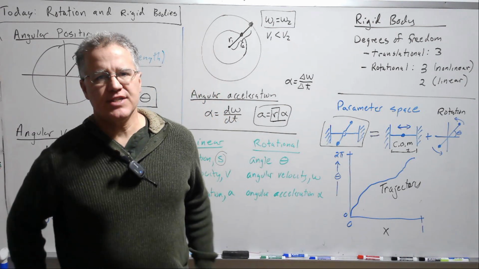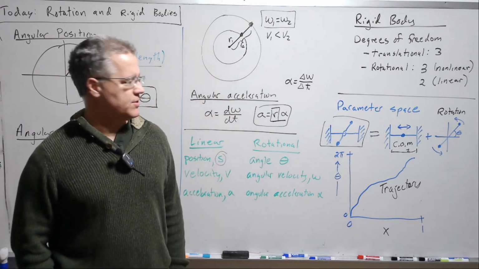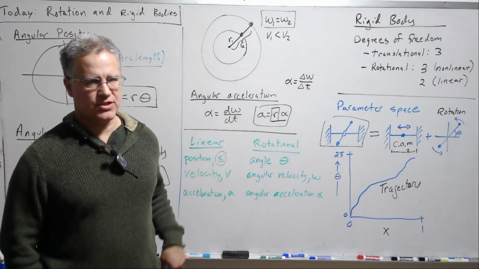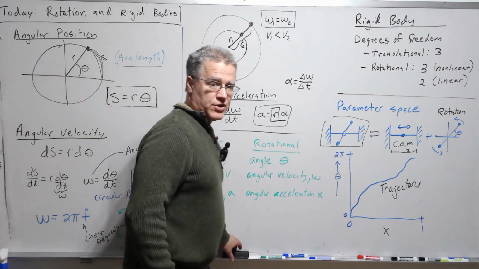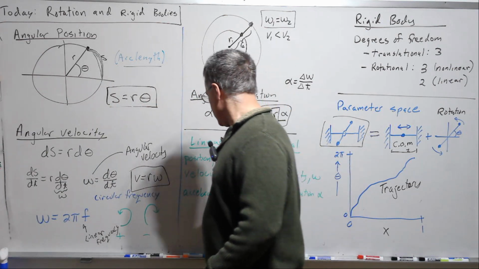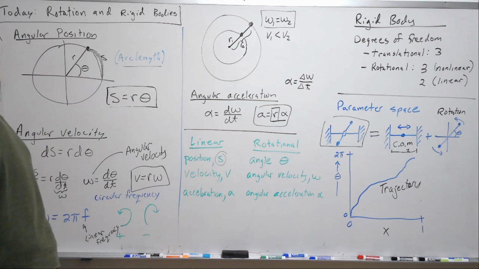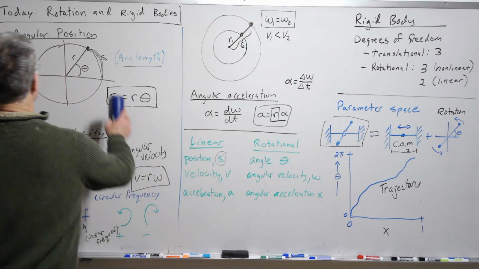Let's go through a few examples here because this won't be in your general chemistry or general physics book that you're working through. Whatever book you have, it won't be in there. So let's look at this with a couple of specific examples.